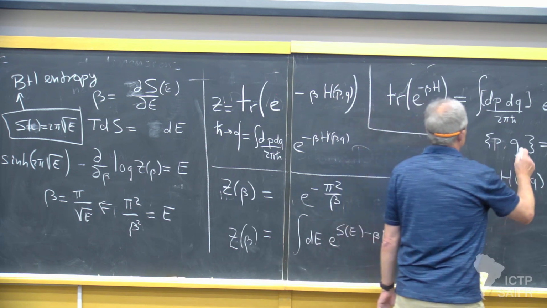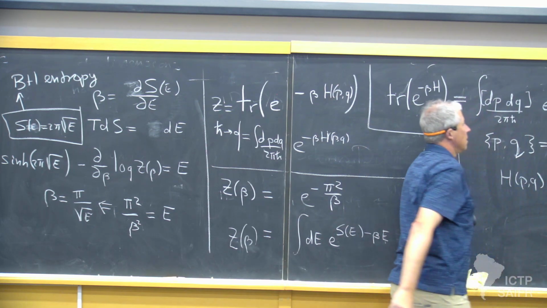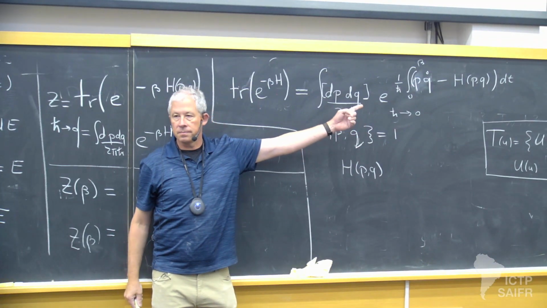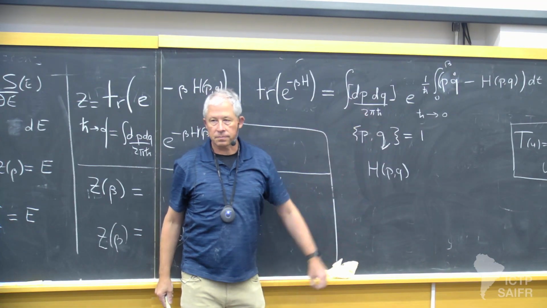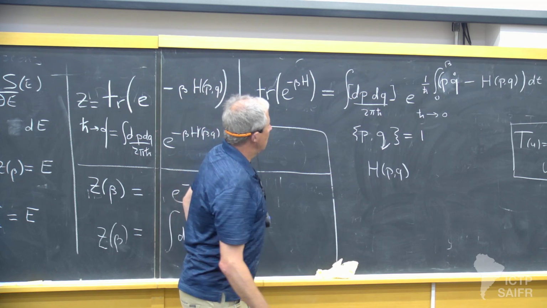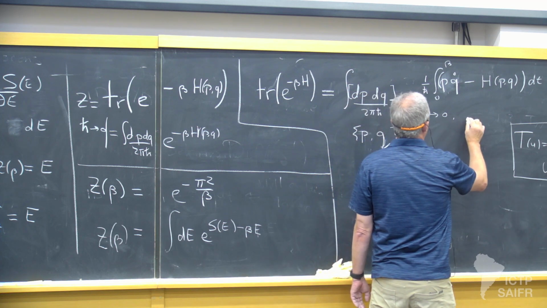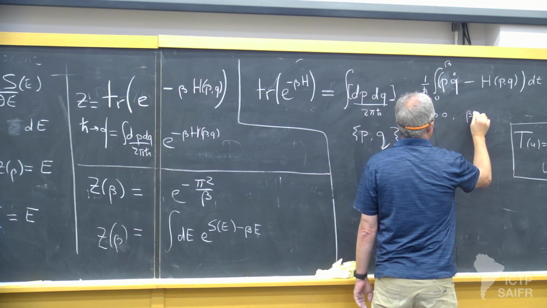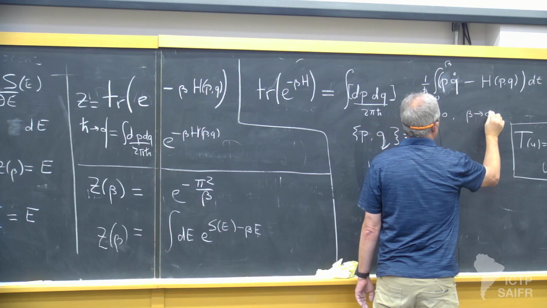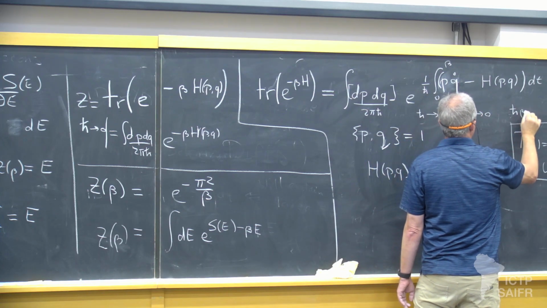Now suppose that I take h bar to 0 in this expression. But I do that in a way where I'm also taking beta to 0, keeping h bar times beta fixed.